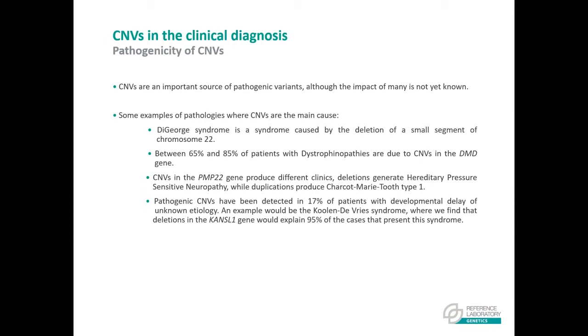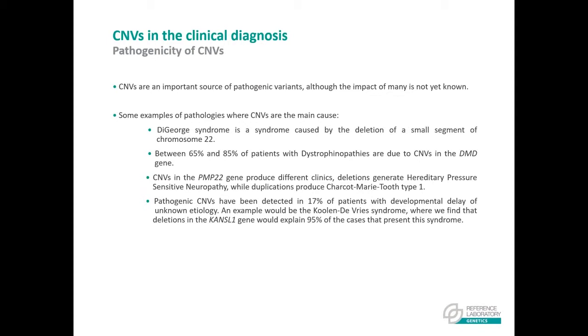I want to talk about some well-known and well-studied examples at copy number variant level. DiGeorge syndrome is a good example of a copy number variant known for a long time. It is generated by a deletion that affects a segment of chromosome 22. Decreasing the resolution and talking about exonic copy number variants, we find an example in Duchenne dystrophy, where between 65 and 85% of those affected by this pathology have deletions in the DMD gene.